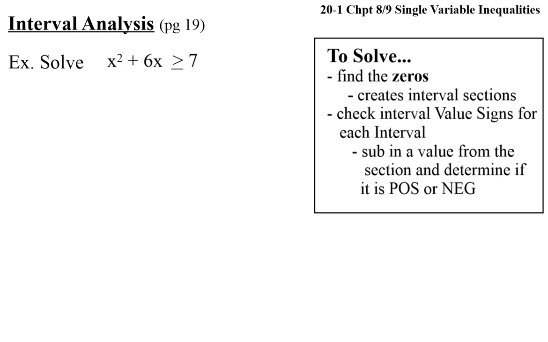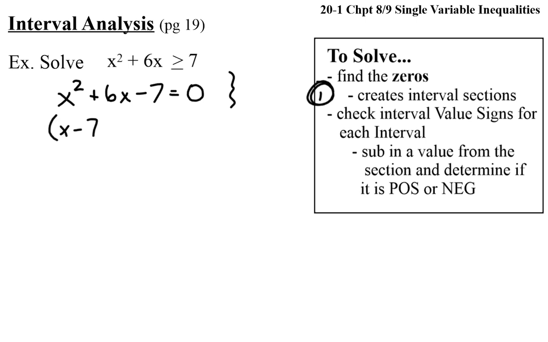Here, this question now says solve x squared plus 6x greater than or equal to 7. So the first thing we want to do is find the zeros. x squared plus 6x, bring the 7 over, -7 equals 0. To find zeros, I think of it as an equation because that's what the zeros are, answers for an equation. Well, this is x plus 7, x minus 1 equals 0.